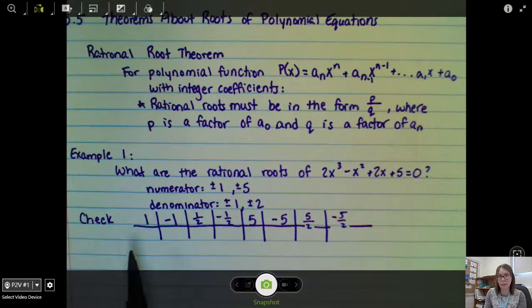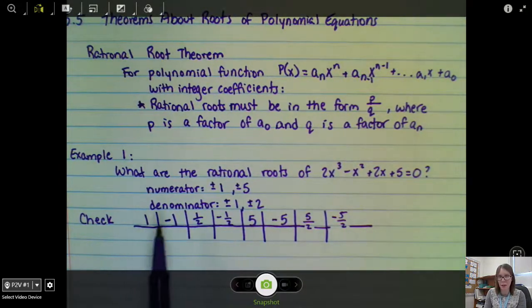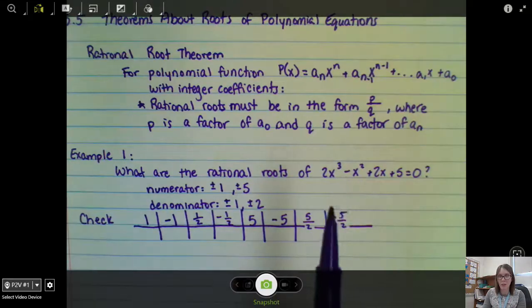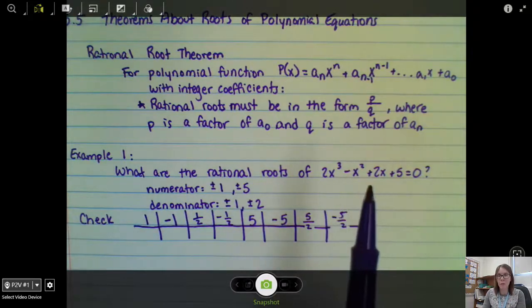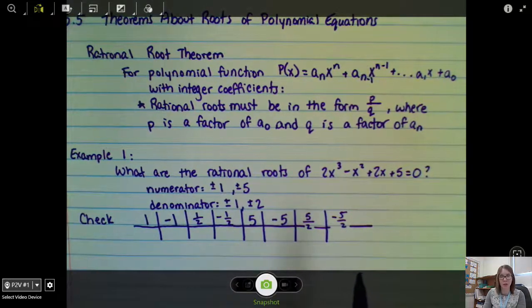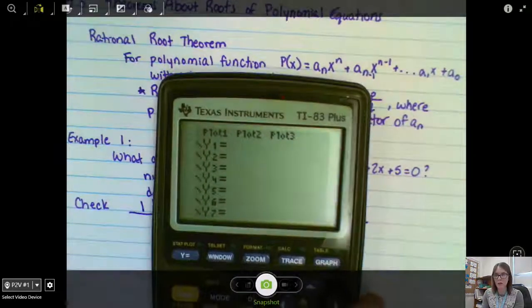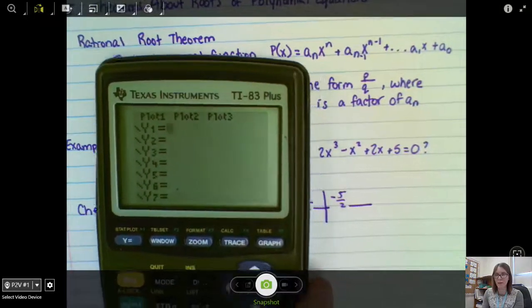So I'm going to take each of these values and plug it in for x in my equation. If I ever get a y value of 0, that tells me it's one of our rational roots. Now we have a couple different ways we could do this. The easiest way I like to do this is to go in my calculator, go to y equals, and type in that equation.